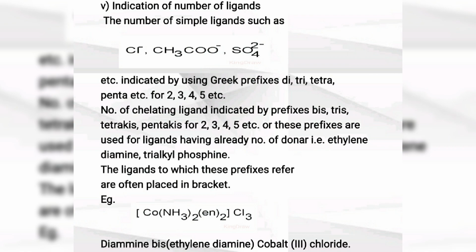While writing the name, diammine bis(ethylenediamine) cobalt(III) chloride is written. Here diammine means 2 NH3 molecules. Bis is the prefix used for ethylenediamine because it is a polydentate ligand with more donor atoms. So before its name we write the prefix bis followed by ethylenediamine in a bracket. Then the name of the central metal ion cobalt with its oxidation state 3 in a numeral, and lastly chloride.